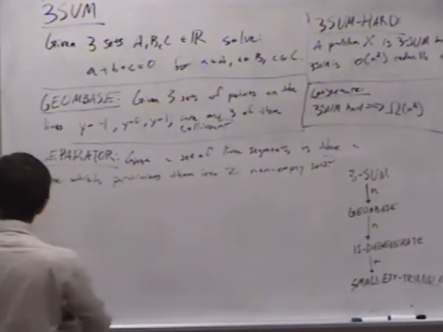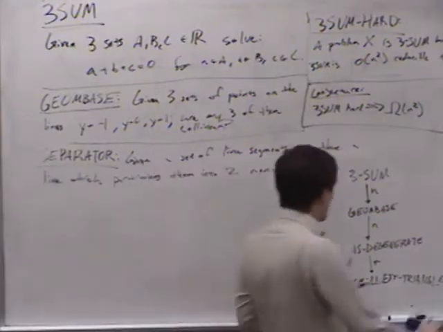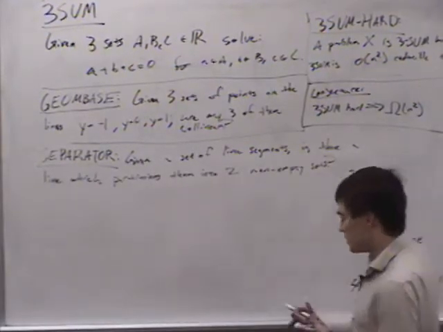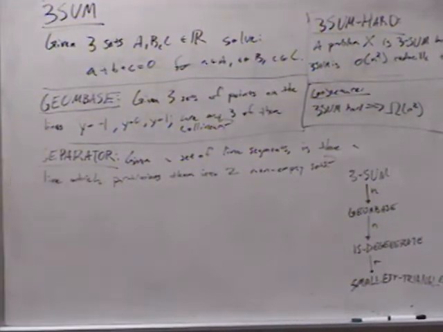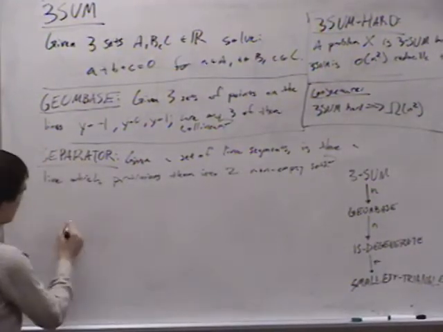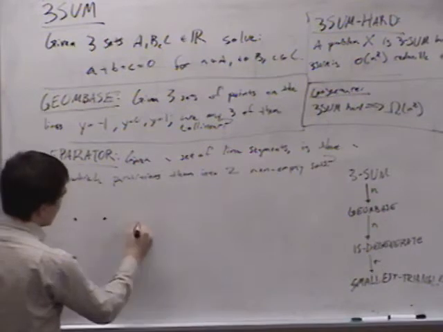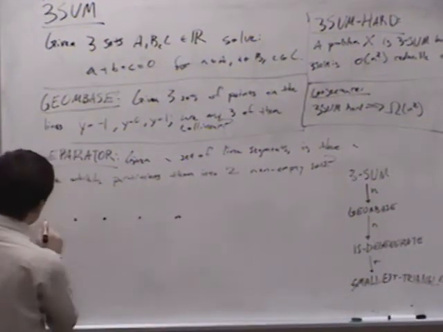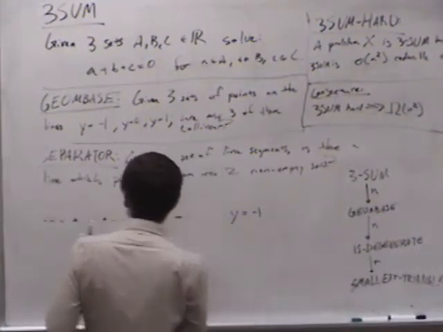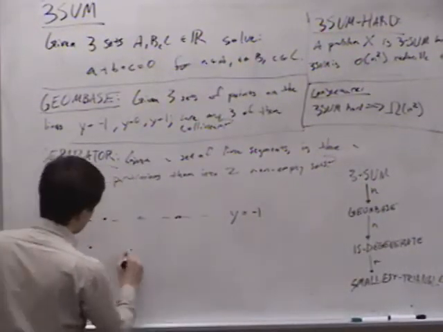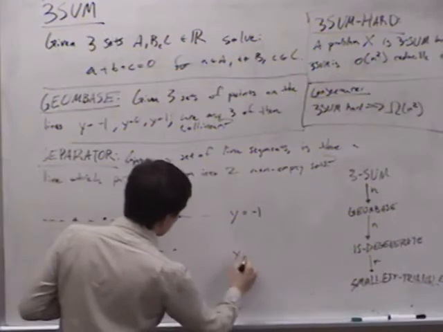So let's see how you do this. The way we'll produce this reduction is by a direct reduction of geom-base to separator. So here's the idea. Suppose we have our three lines here initially. This will be the line y equals -1. Take another set of points here. This will be the line y equals 0.